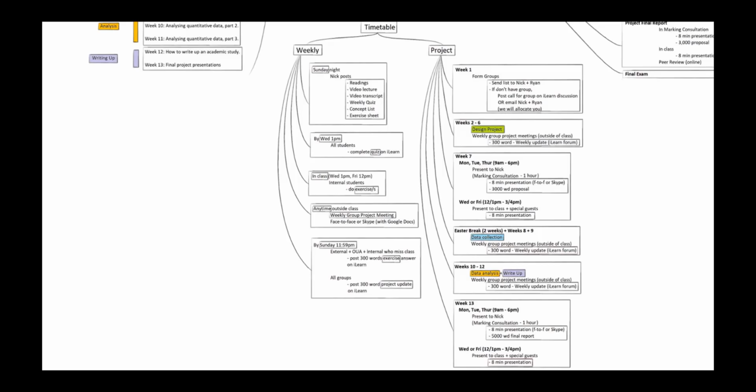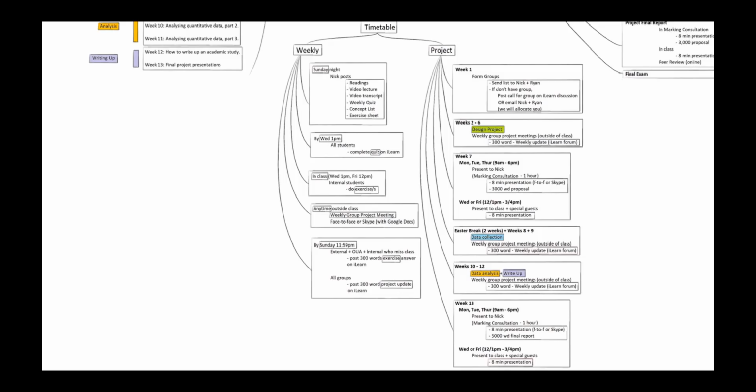This is so that we can all see the progress that you're making. I can comment on your progress, and it can be a way that I can provide immediate feedback and advice and make sure you're on the right track throughout the semester. So that's the timetable weekly.